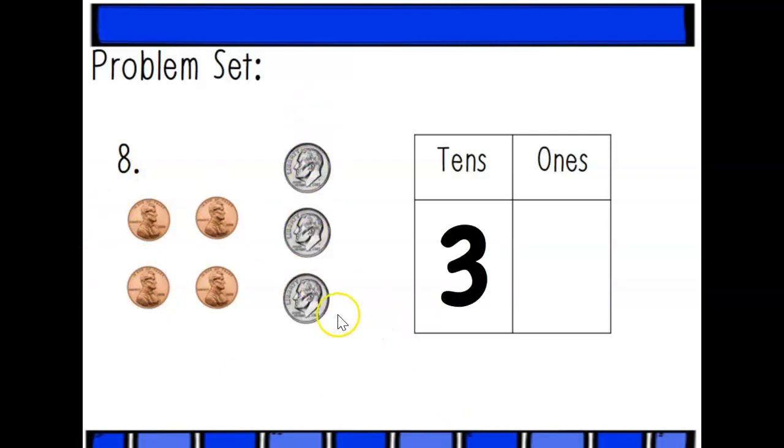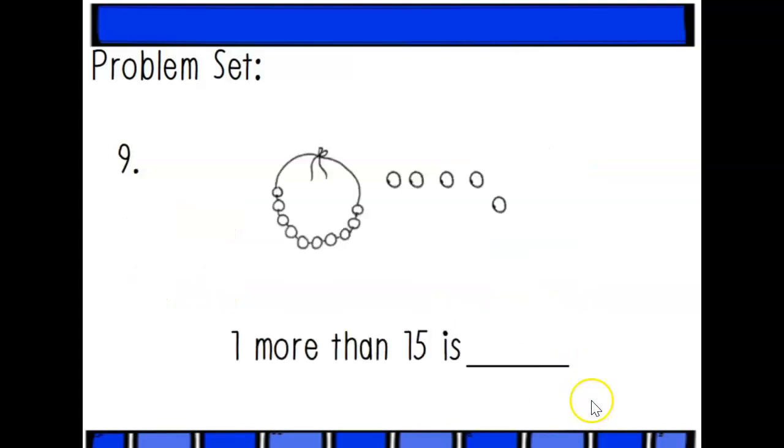The dimes are the tens. It doesn't matter where we put them. The dimes are the 10, and you put it here, 10, 20, 30. And then we have 4 pennies. So we have 34 cents.